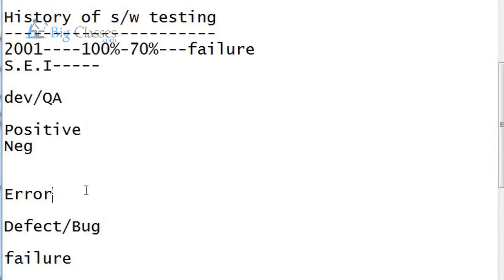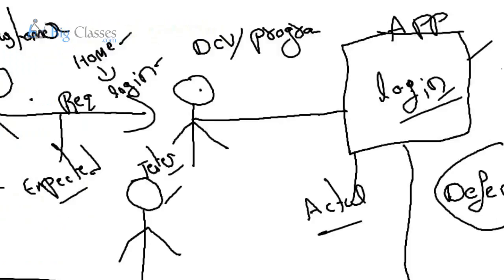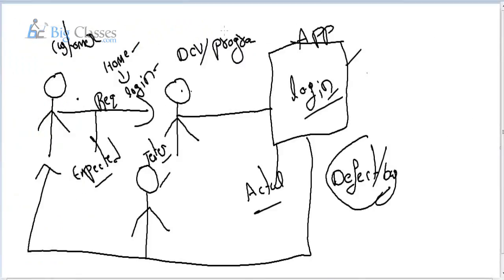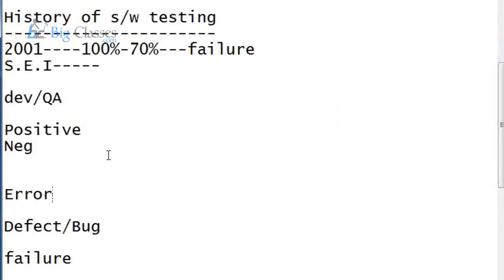Actually, during development time, who will be involved first? The developer will start the development, right? To develop the application, they will write some code using technologies like Java, .NET, PHP. While writing the code, if a programmer finds any mistake in the code, the mistake is called an error, which is the term used by the programming team.